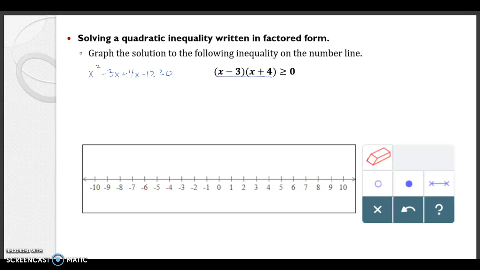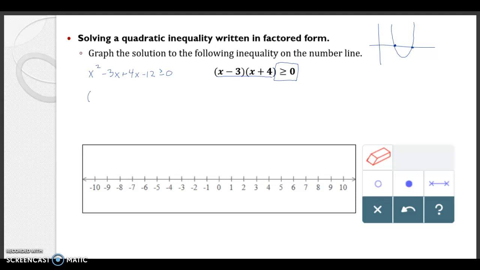Now, remember, with that parabola, wherever my function is 0 is where I'm going to have a change between either above the x-axis or below the x-axis. In this case, we want it greater than or equal to 0. Okay. But where are those changes going to take place?